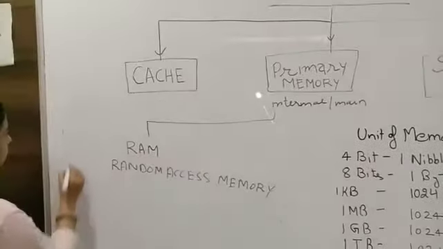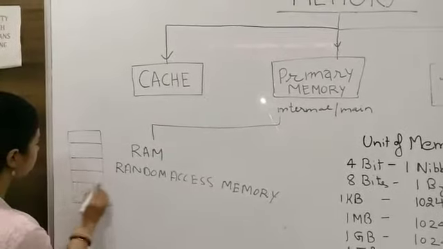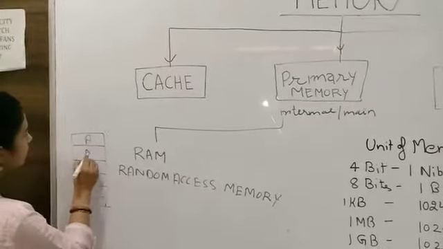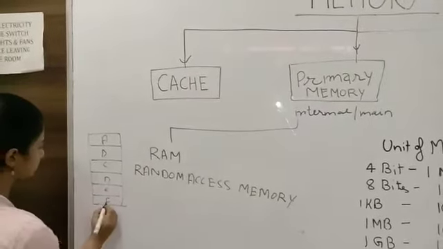Memory divides itself into small cells and each cell has a unique address.